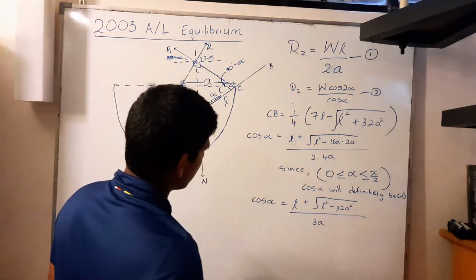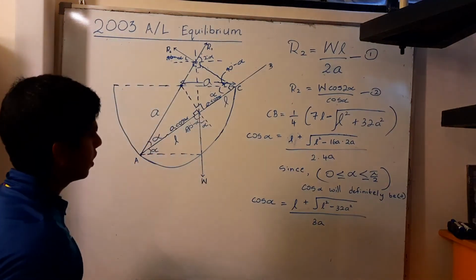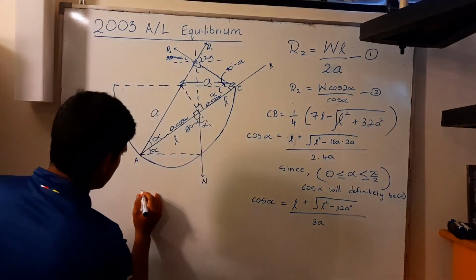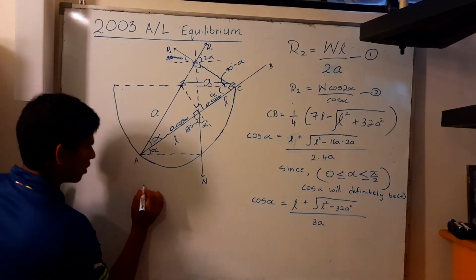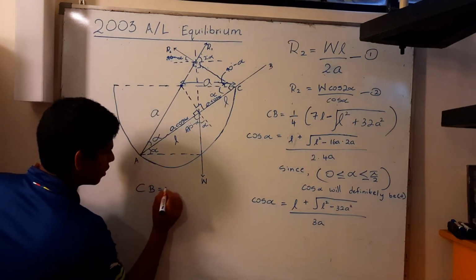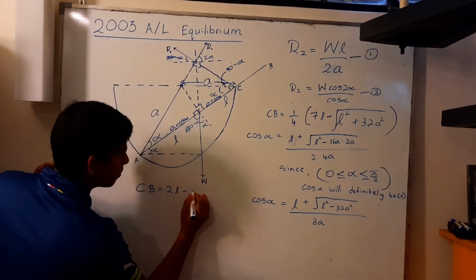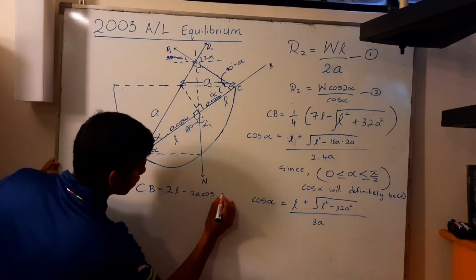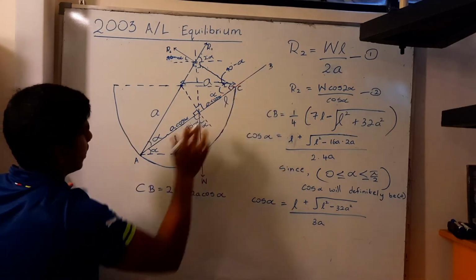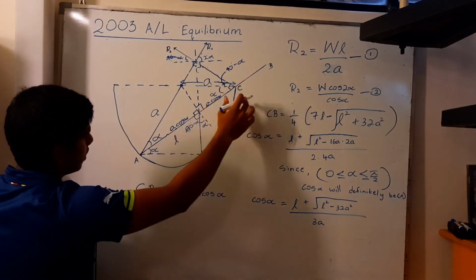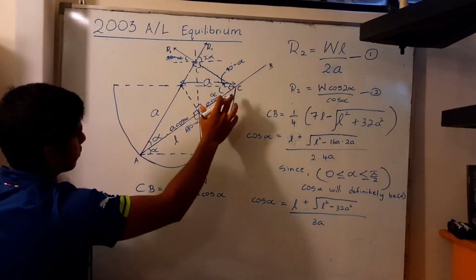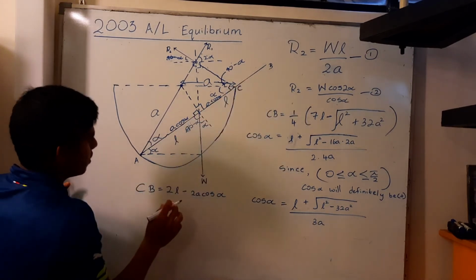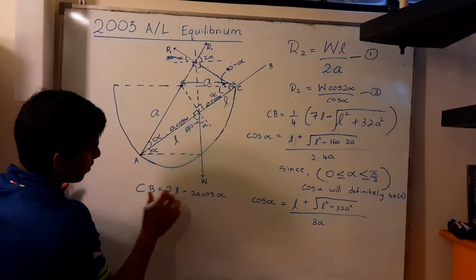Now since we obtained the value for cos alpha, we can find the value of CB. As I wrote before, CB equals 2L minus 2A cos alpha. That's because the whole length of the rod is 2L and the length AC is 2A cos alpha. So to find BC we need to subtract 2A cos alpha from 2L.